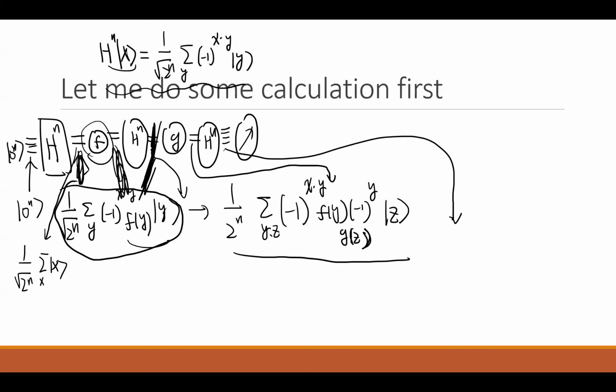So this is the output from f. So this one is 1 over square root 2 to the n summation y, minus 1 to the x dot y, f of y. Then I apply g of y. Sorry, this is x. Let me redo the calculation again.